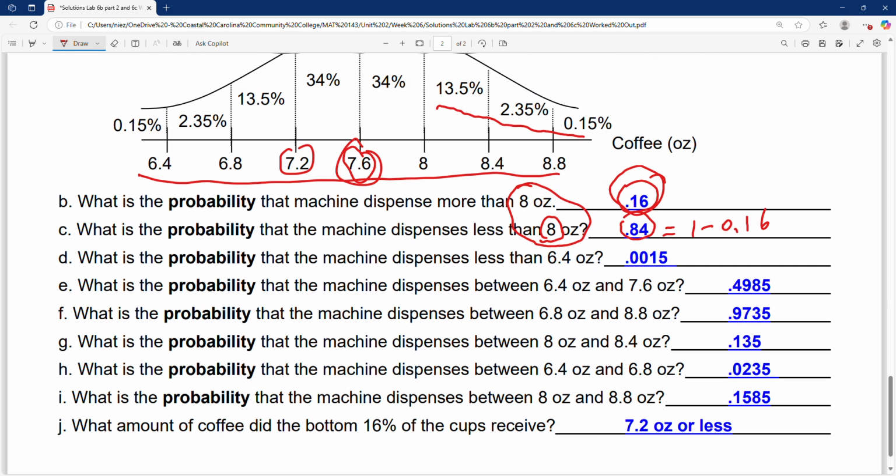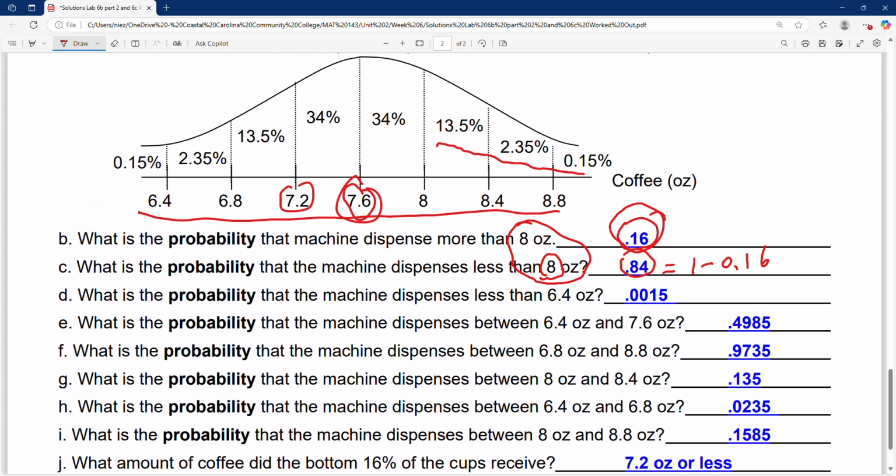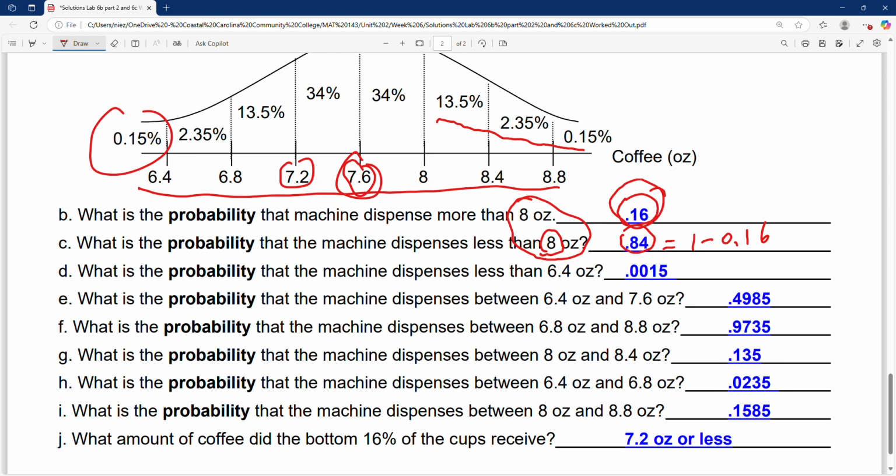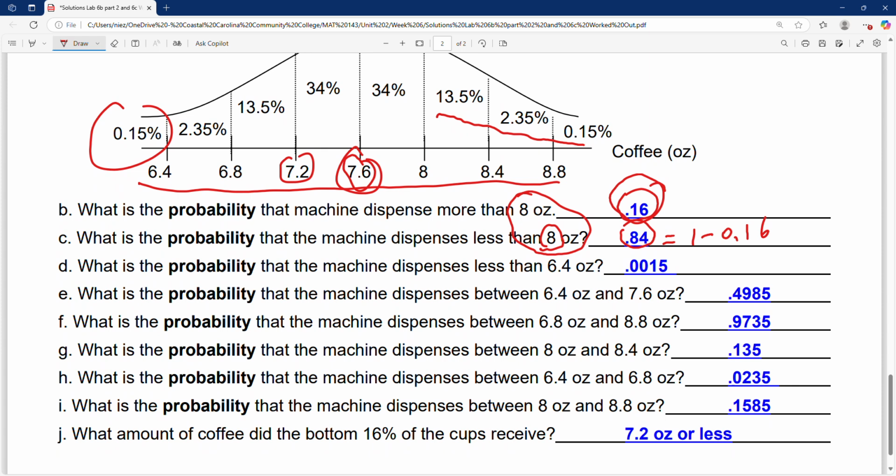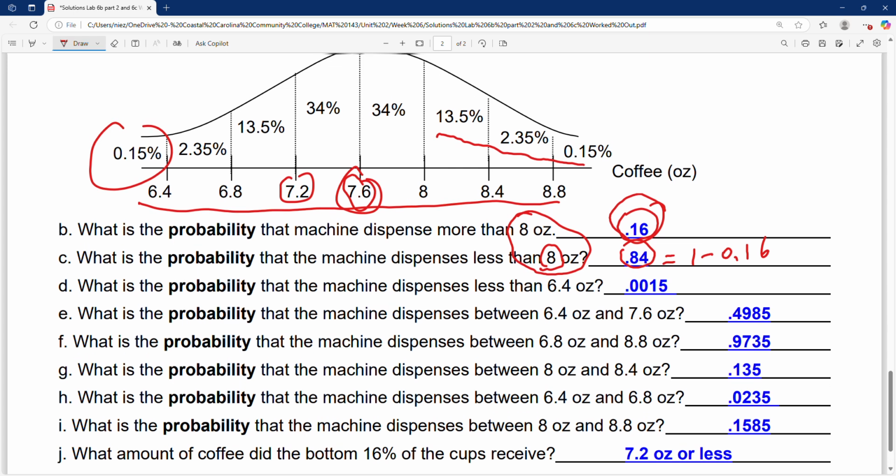Now let's see D. What's the probability that the machine dispenses less than 6.4? You can read it from the graph: 0.15%, or 0.0015. What's the probability that a machine dispenses between 6.4 and 7.6?